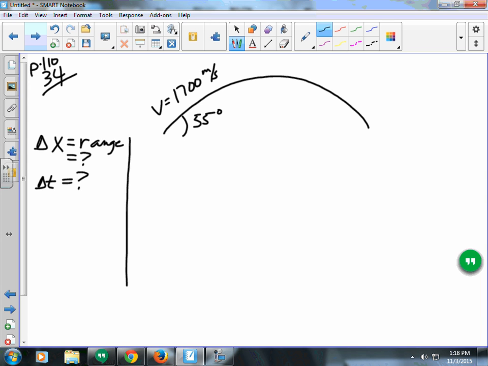That means we have to find time first. So how are we going to find time? When it says 1,700 meters per second, is that its vertical or horizontal velocity or both? This is the resultant, vertical and horizontal combined.